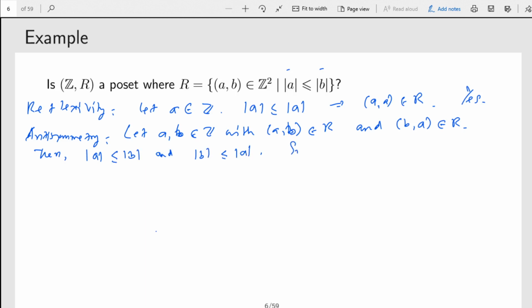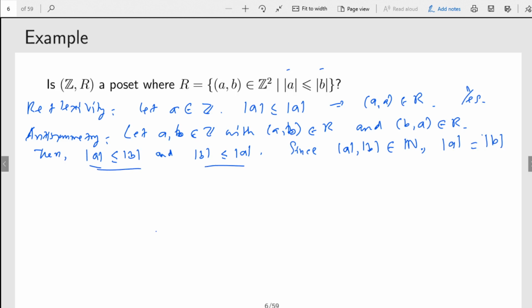Since these are all natural numbers, we have that the absolute value of a is equal to the absolute value of b.